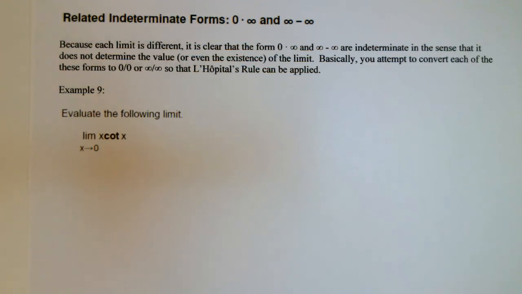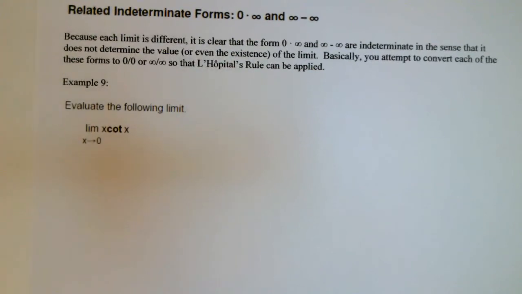Because each limit is different, it is clear that the forms 0 times infinity and infinity minus infinity are indeterminate in the sense that it does not determine the value or even the existence of a limit. Basically, you attempt to convert each of these forms to either 0 over 0 or infinity over infinity so that L'Hopital's rule can be applied.